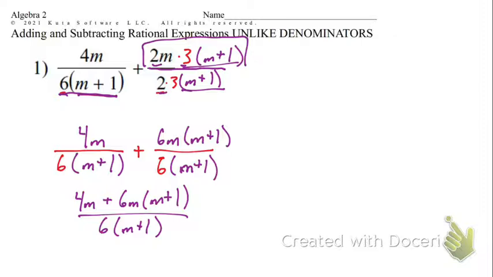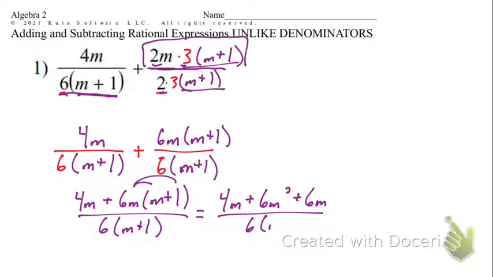The only problem is I have to distribute this now. So what this actually is going to be is 4m plus 6m squared plus 6m, and that's all over 6 parentheses m plus 1.